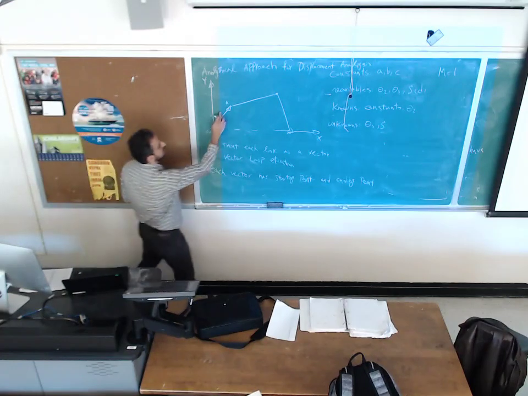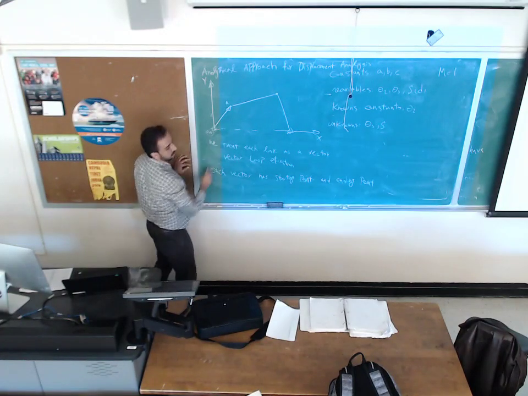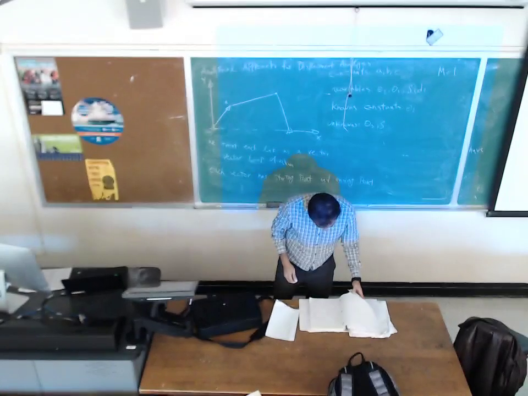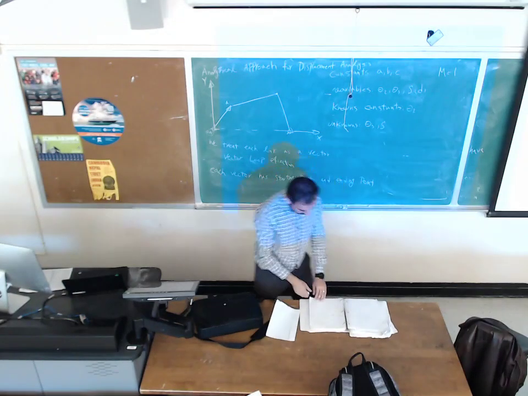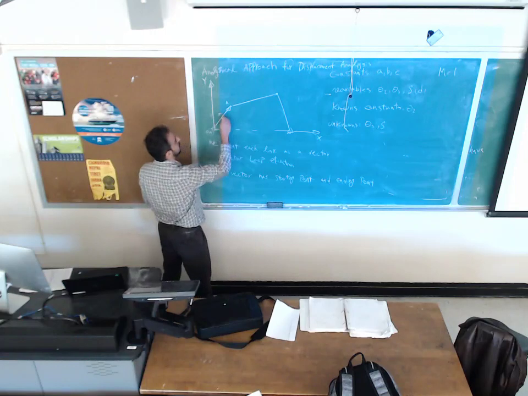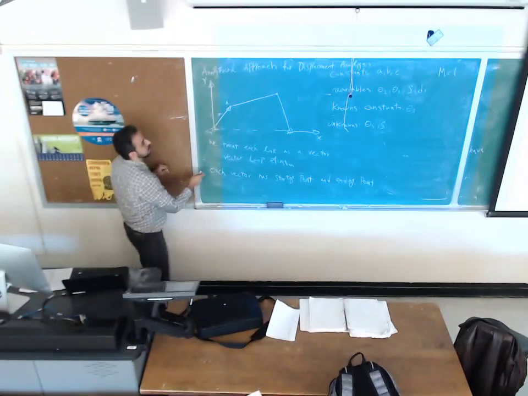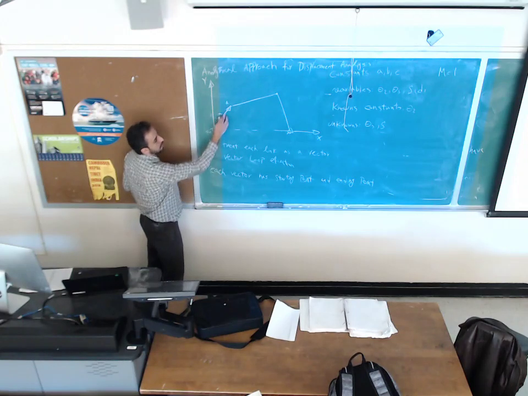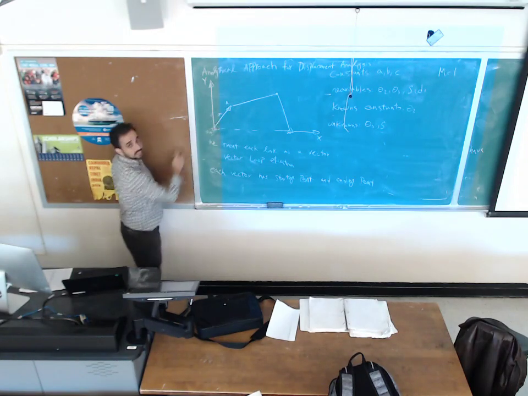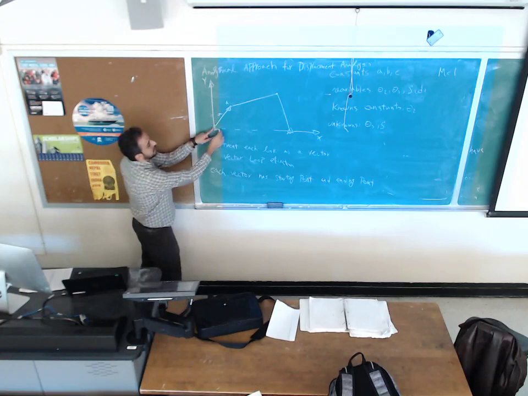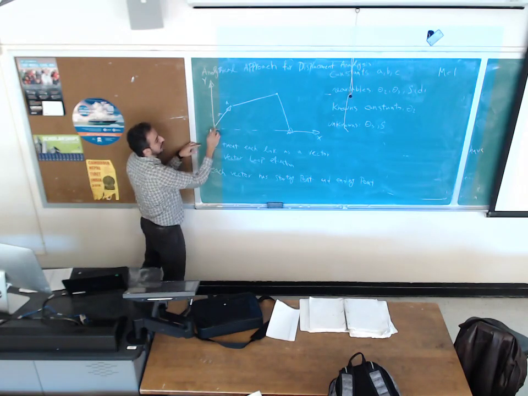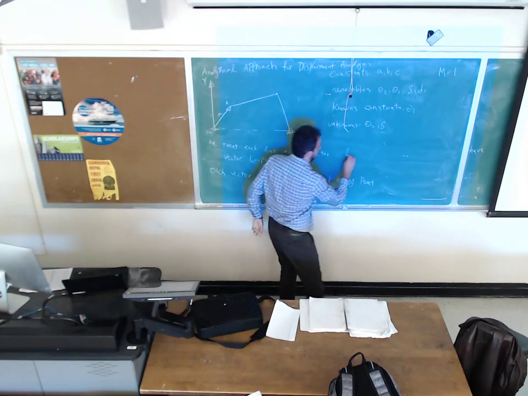So we call a vector 1 with the length of A. So I pick this link as a vector, label the angle for link 2 at a starting point.